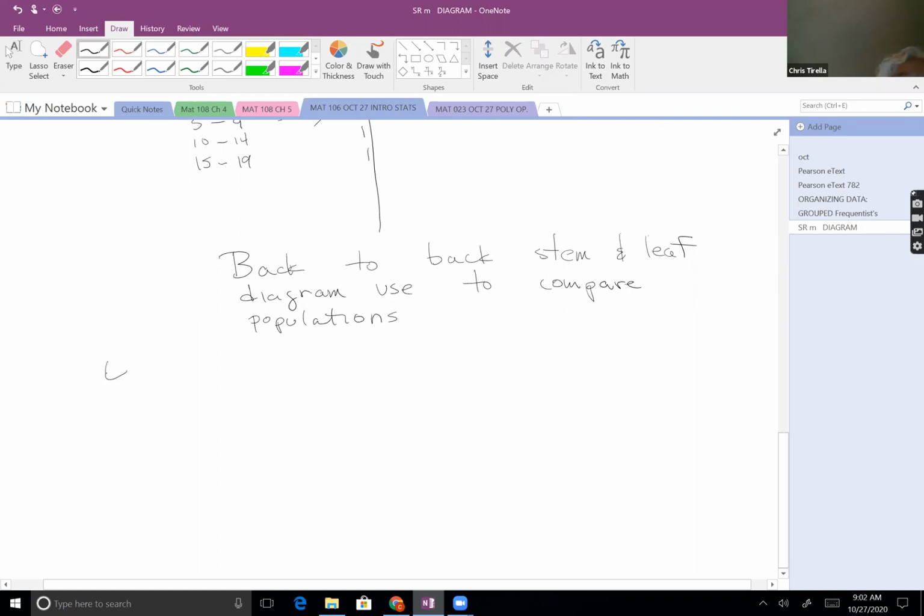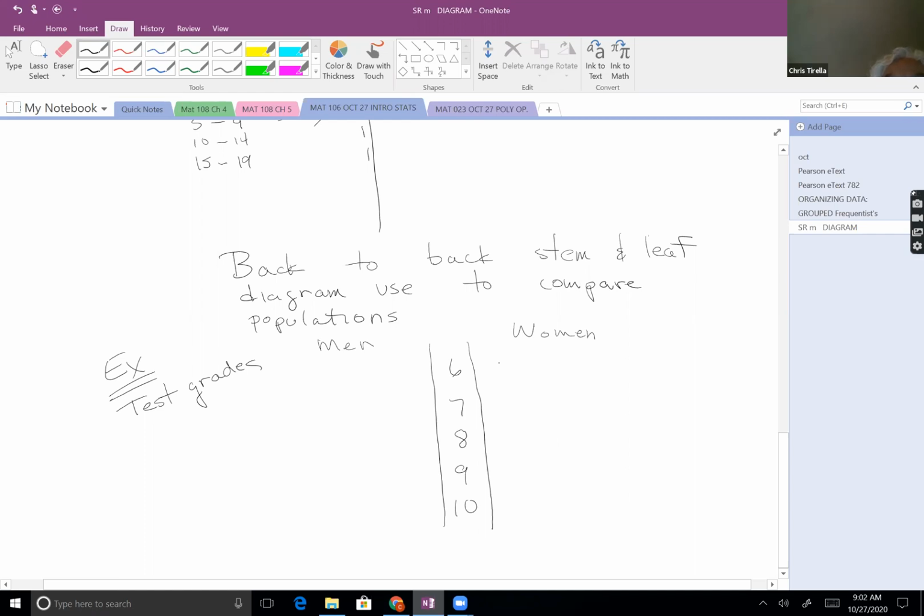So I might, for an example, have something like test grades. I might make a stem and leaf diagram with the stems in the middle. Let's say it's a good grade, so it's 60s, 70s, 80s, 90s, and 100s. I might want to compare the grades of the men in class to the grades of the women in class.